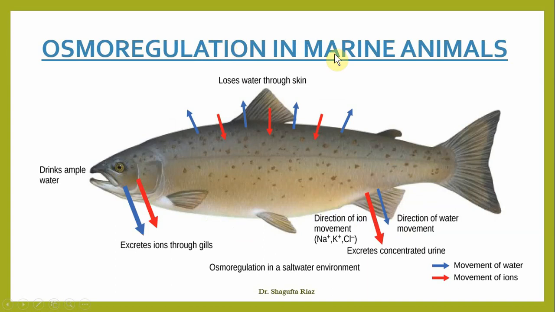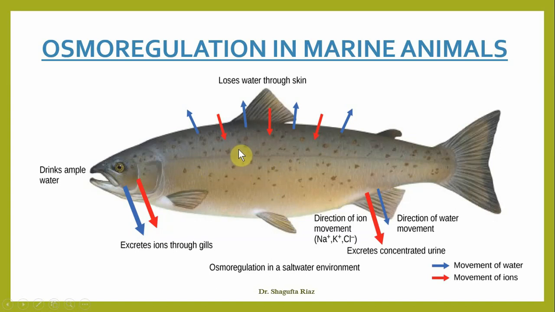Now, osmoregulation in marine animals which live in the sea, right? The seawater is highly concentrated water, right? And the internal environment of the fishes which live in the sea is hypotonic internal fluid. Hypo means less, so they have less concentrated internal fluid.